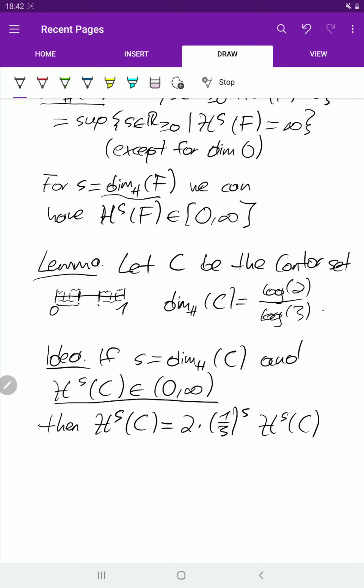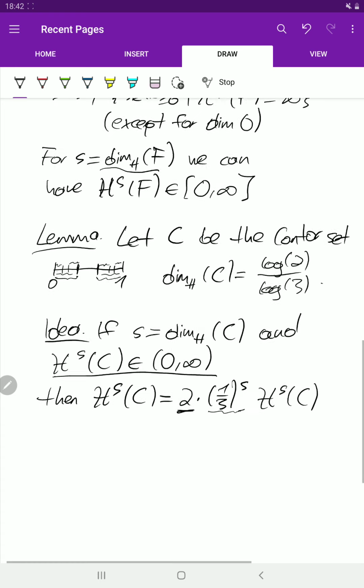We can split the Cantor set in two sets. And basically these two sets are again the Cantor set, just scaled by a factor of 1/3. And so the 2 comes from these two sets, and as it's scaled by 1/3, we get with the scaling property 1/3 to the s, and then the Hausdorff measure again.